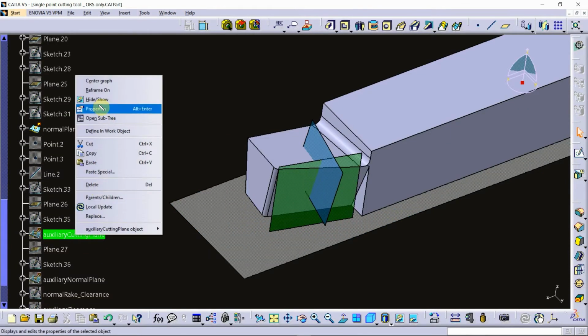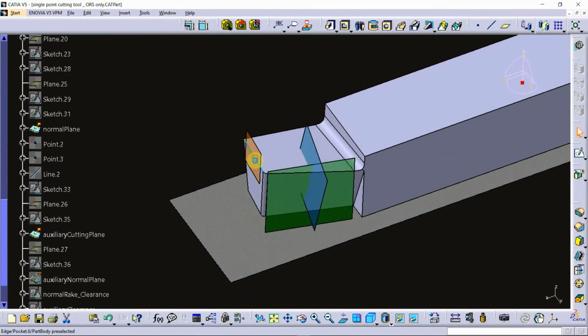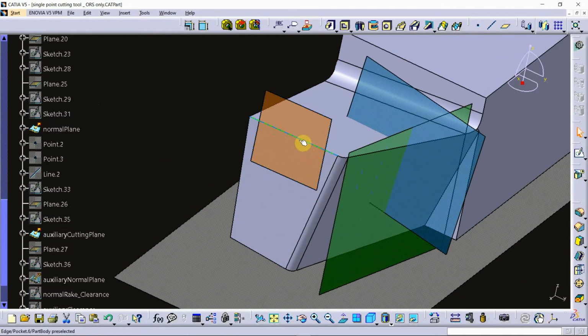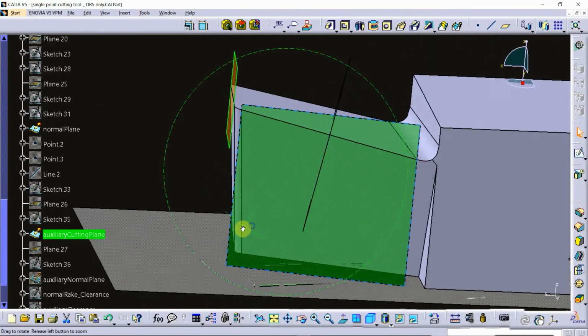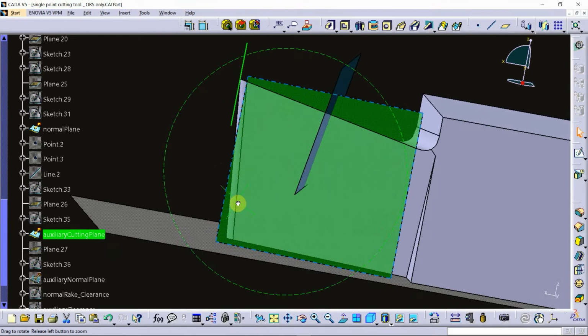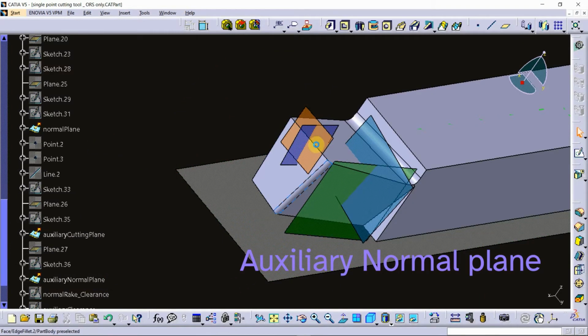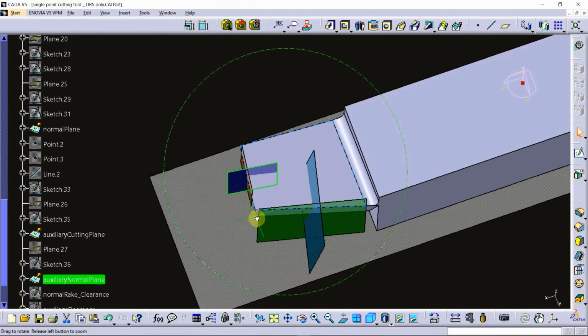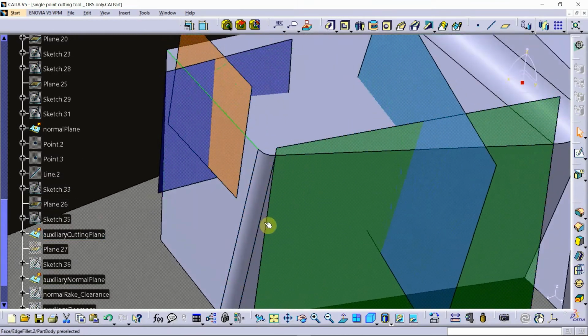And then we have the auxiliary cutting plane, which contains the auxiliary cutting edge, which is this edge, and the plane is perpendicular to the reference plane. And then there is the auxiliary normal plane, which is this plane, and this plane is perpendicular to the auxiliary cutting edge, which is this edge.